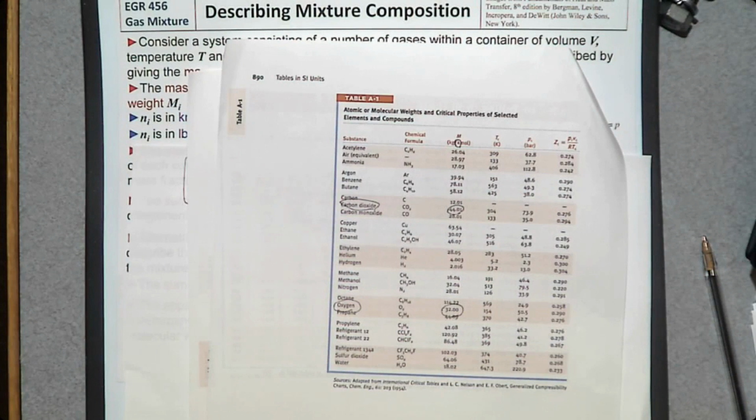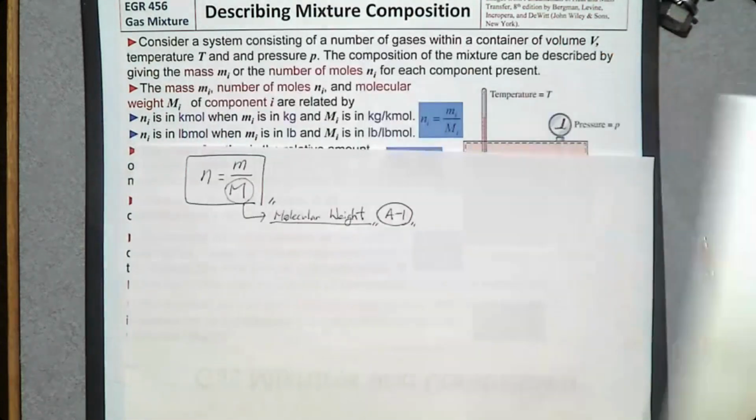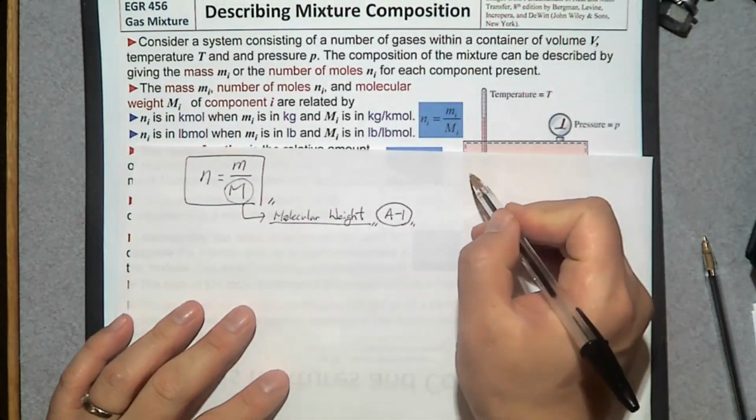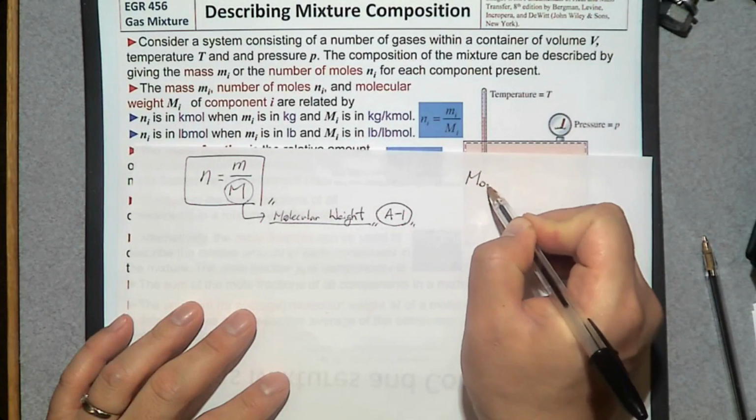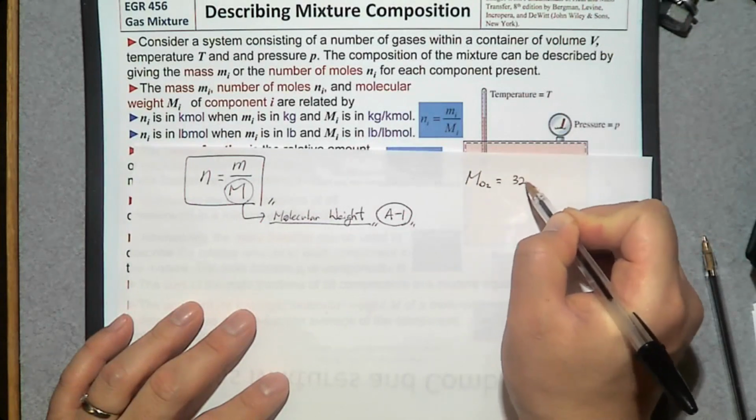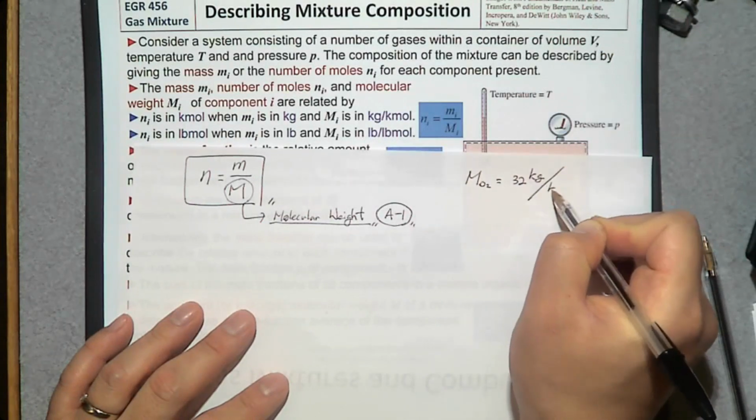And let's look at one of the common gases. Look at this one, oxygen. The molecular weight of oxygen, O2, is 32 kilograms per kilomole.